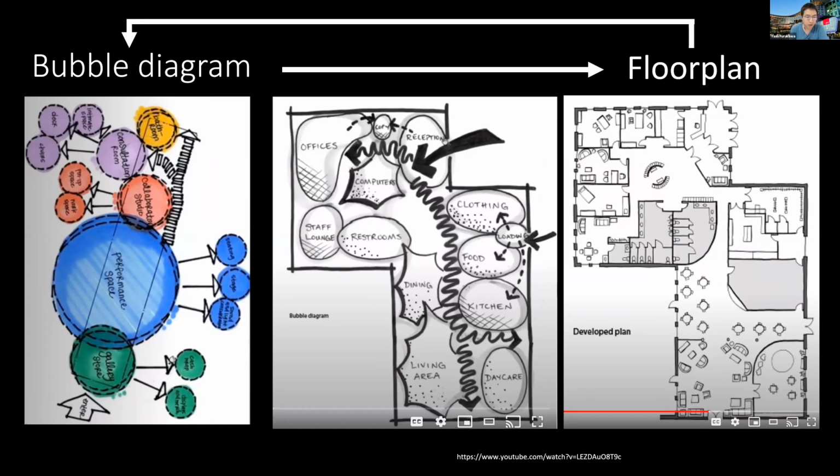A bubble diagram is a graph where nodes correspond to rooms or spaces, and edges encode their functional relationships. After they get the bubble diagram, they start placing rooms into the physical space and adding details. They realize certain issues, go back to the bubble diagram, then go to the floor plan and back to the bubble diagram, and iterate. And this is really time consuming.